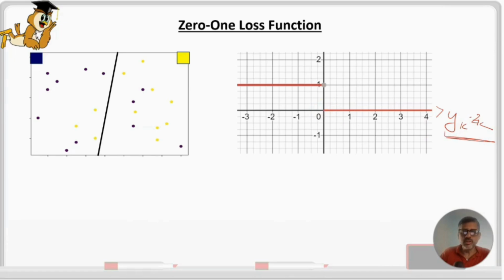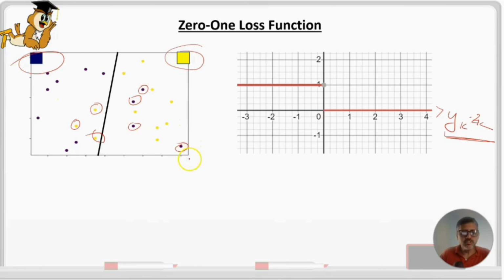Essentially, I've drawn this figure that we saw a few lectures ago. Let's say this is the blue side of things, and this is the yellow side of things. The loss function counts every point that's on the wrong side: 3 yellows are on the blue side, 4 blues are on the yellow side.